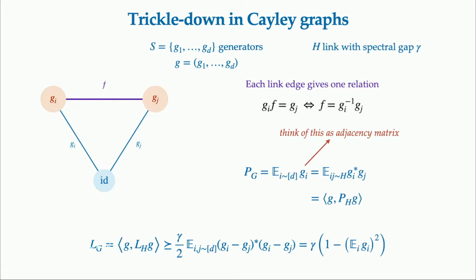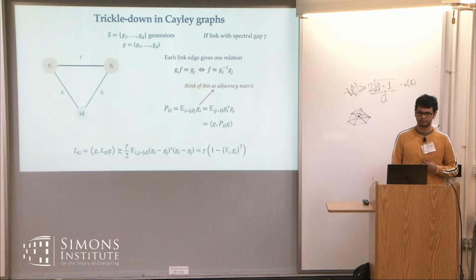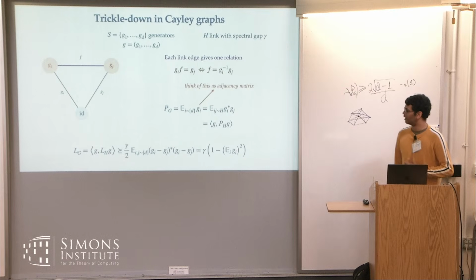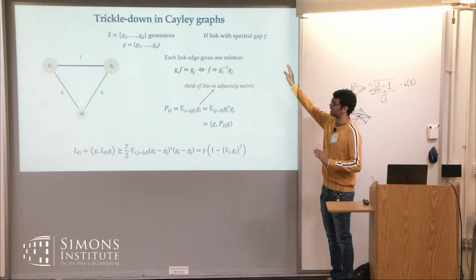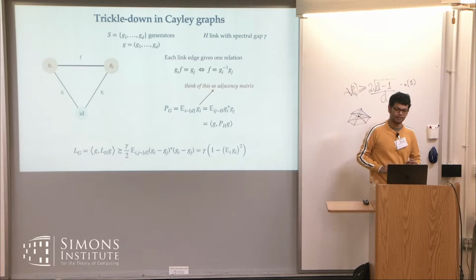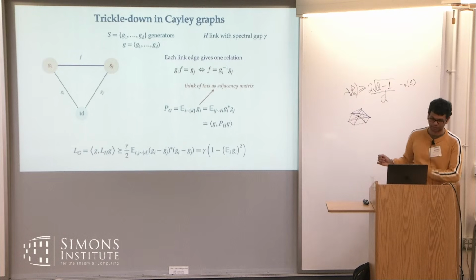Sorry, are you asserting this inequality, or are you saying that that's equivalent to proving a spectral gap? I'm assuming that the link has a spectral gap, and I'm asserting that the inequality is true when the link has a spectral gap.